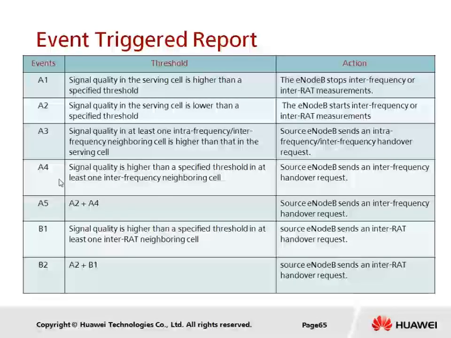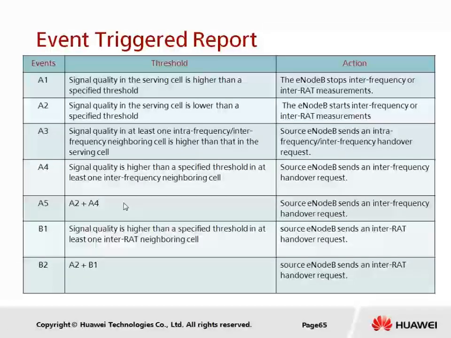Event A4 indicates that the signal quality of one inter-frequency neighbor is greater than a specific threshold. So as compared with event A3, event A4 does not compare the neighbor with the serving cell, but instead simply compares the signal of the neighboring cell with a specific threshold.